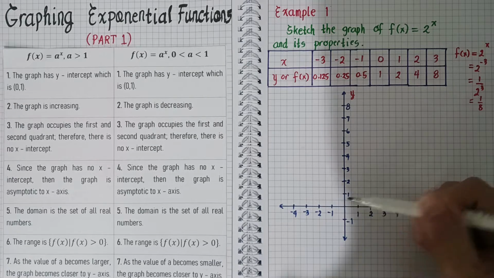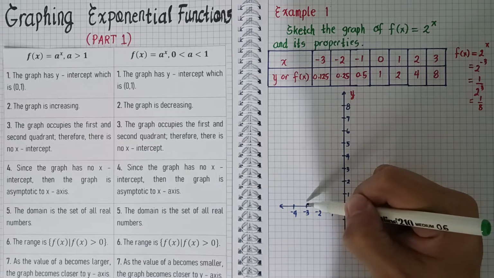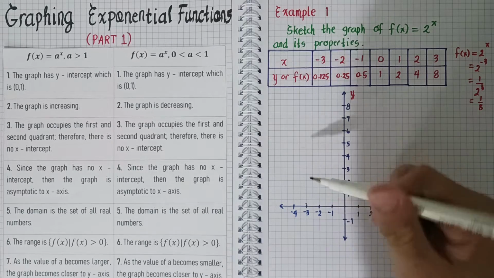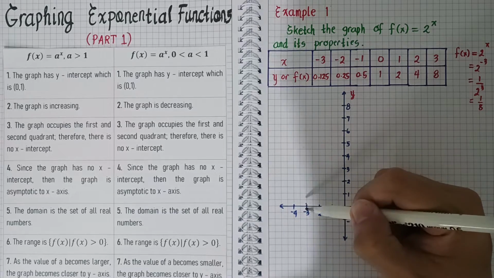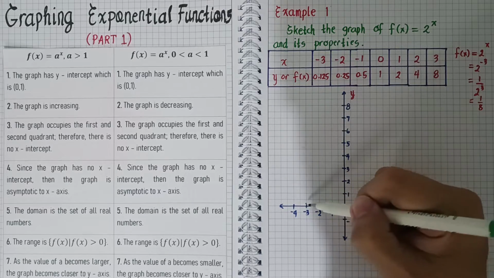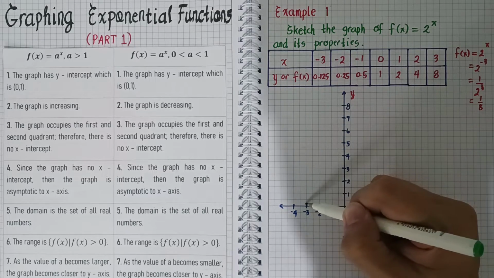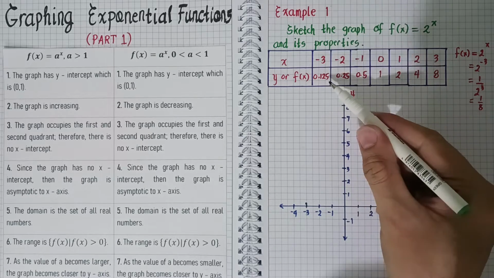So, 0.25. So, let's assume na nandito siya. Okay? So, by the way, wag tayong nag-assume pala, no? Okay, mahirap pag nag-assume. Let's use the word approximation. Okay? So, on a serious note, let's plot. Okay, so nandito siya. Yung negative 3 and then 0.125.